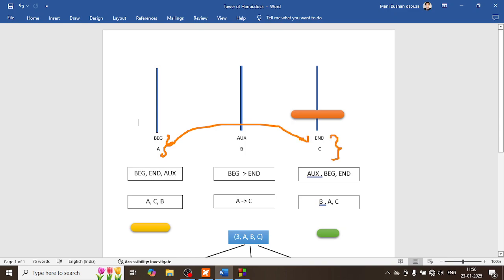So when the count of disks, suppose n is the count of disks, is 1, just move the disk from A to C directly. There is no need to use any auxiliary or temporary pole. So let's quickly write this as the solution, and then we try to complicate the matter.